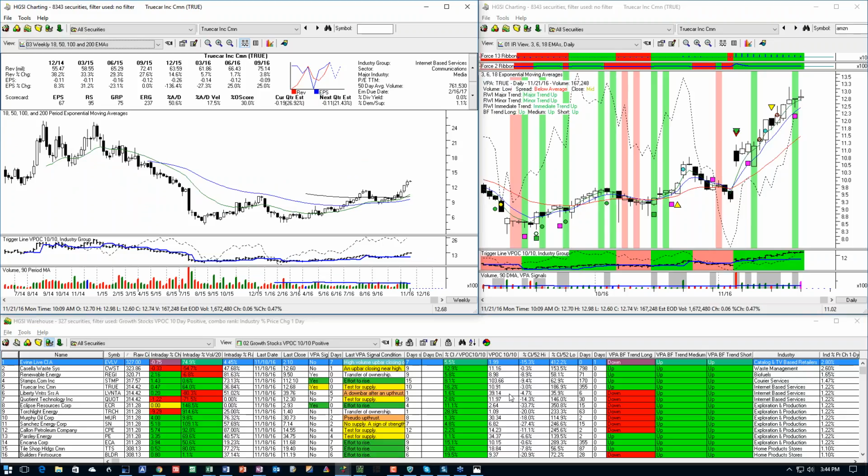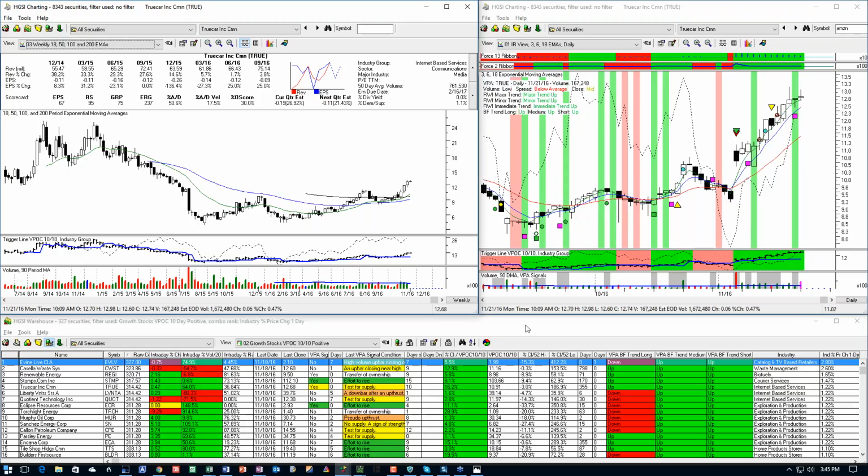Now, this information is from, well, I guess I read about it first in Stan Weinstein's book, Profiting from Bull and Bear Markets. That book was out 25 years ago, I think. In fact, I don't even have it anymore.